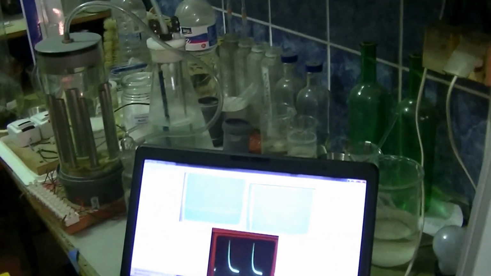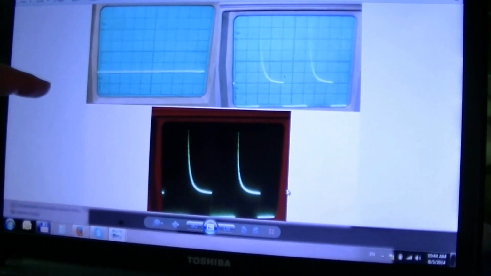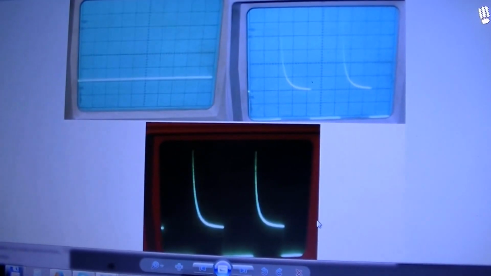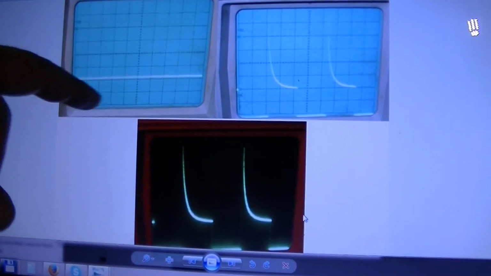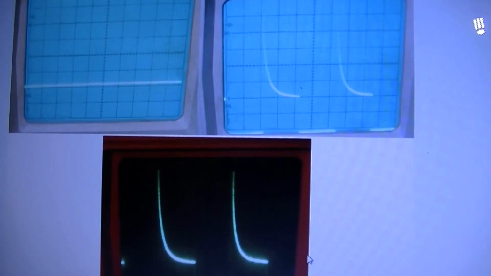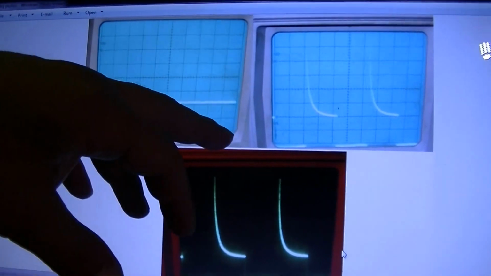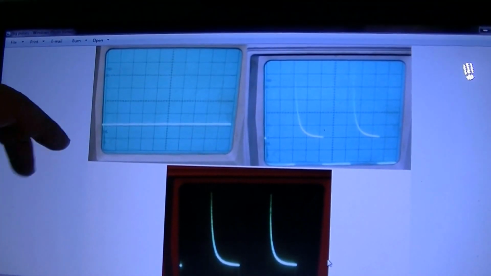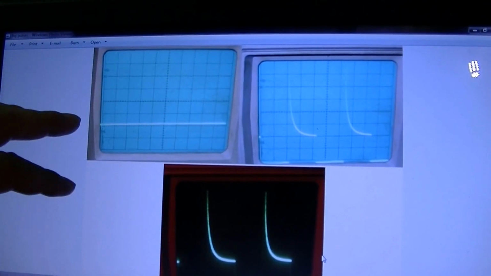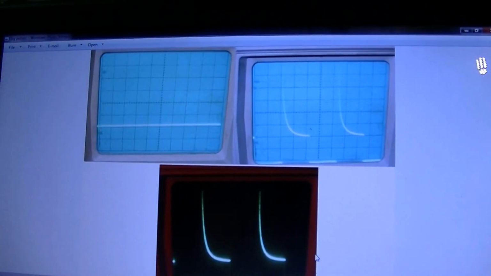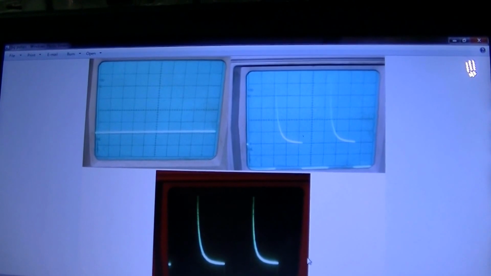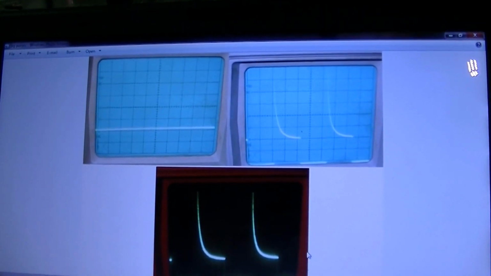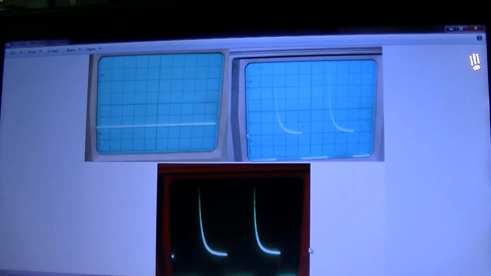Over here I made this measurement a long time ago of the current through a brown gas generator. The zero line is down here. When it is a steady current, this is the value of the steady current. As we know, with a brown gas generator we cannot work with steady current, it must be pulsating.